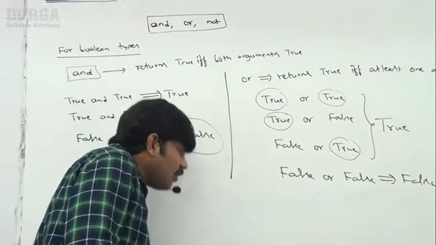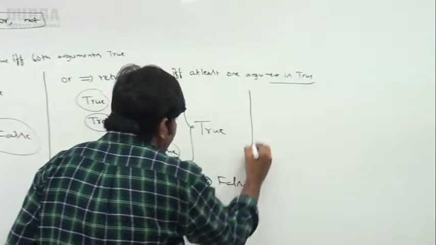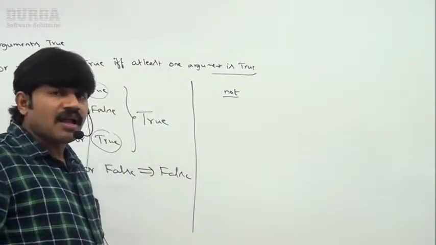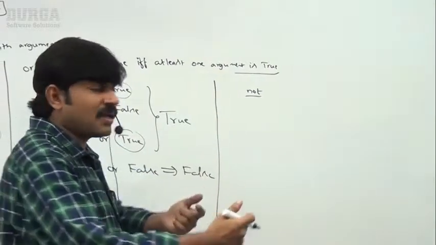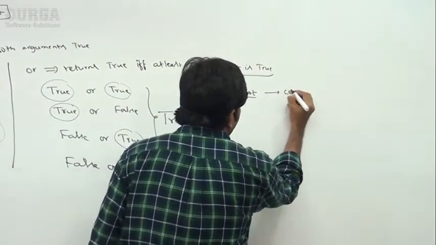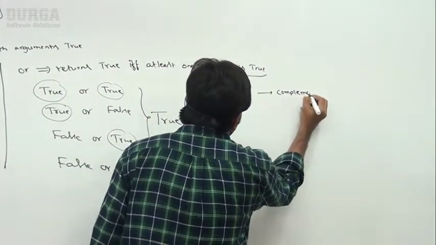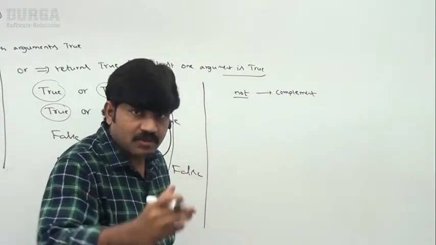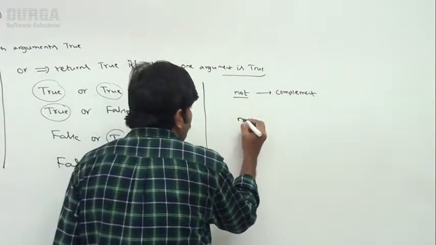Okay, sir, now the next one, the NOT operator. NOT means complement, the reverse operator. Sir, what does it mean? Very simple. Not true means false. Not false means true, sir.